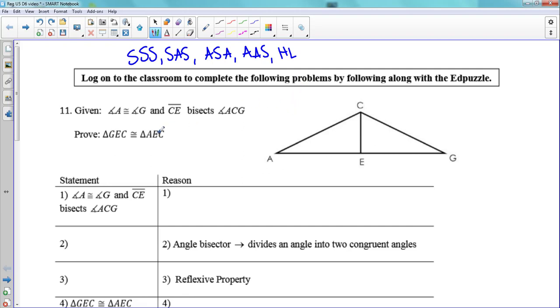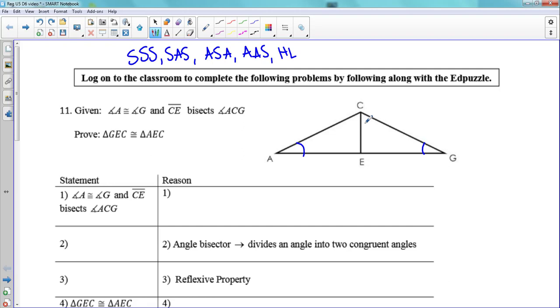So what we want to do is begin by reading our givens and marking our model. So we know angle A is congruent to angle G, so I want to mark that in my model. I also know that segment CE bisects angle ACG. Remember, when I talk about bisecting, I ask myself, what does it mean to bisect, to cut in half, and what is being bisected?